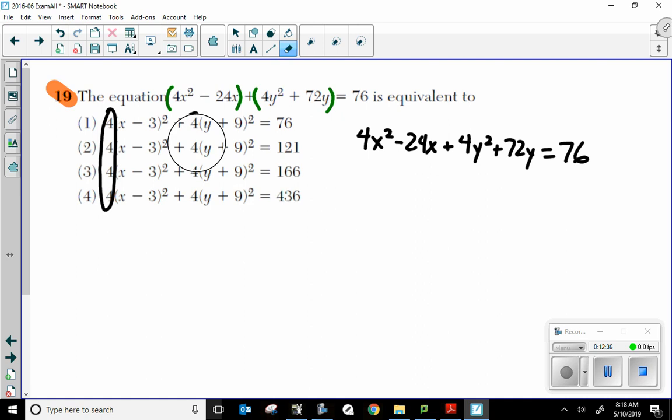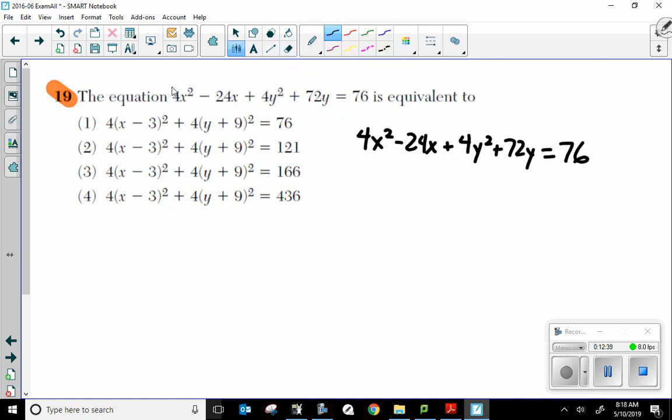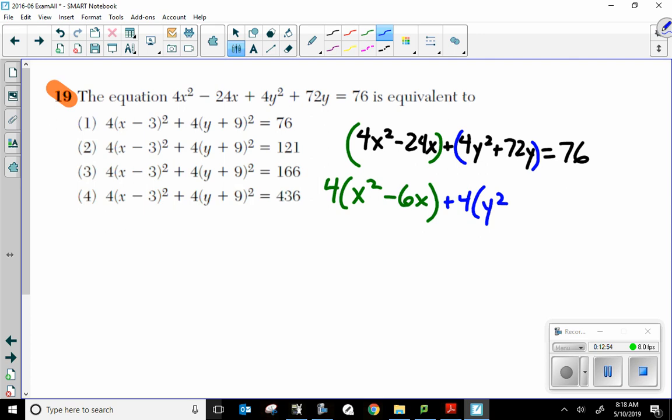If those are what the answers look like, I'm absolutely going to do what they look like. That's the quickest way to get there. So I'm going to factor 4 out of these two, and what's left is x squared minus 6x. I'm also going to factor a 4 out of my y's. That would be y squared, and 4 goes into 72 18 times.